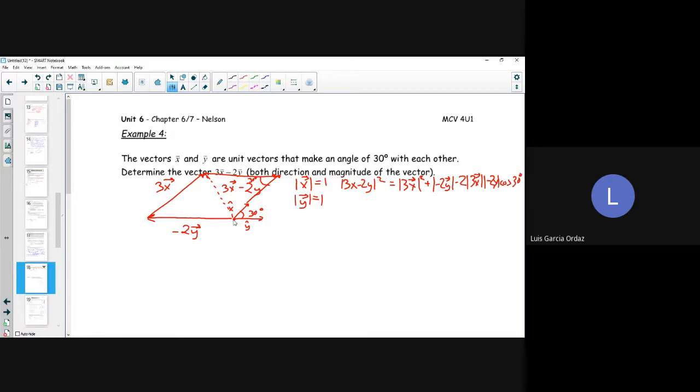So because they're magnitudes, I'm left with 3 squared plus 2 squared minus 2 times 3 times 2 times cos of 30.